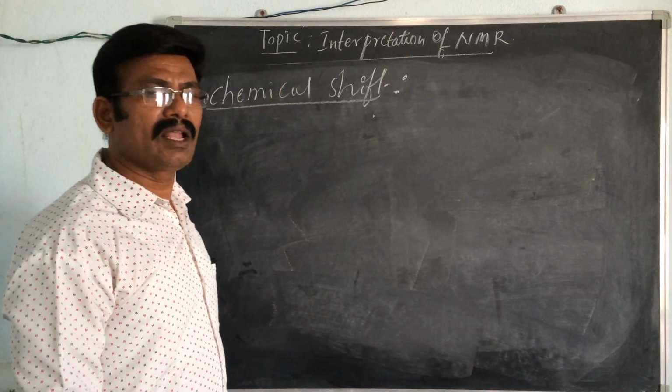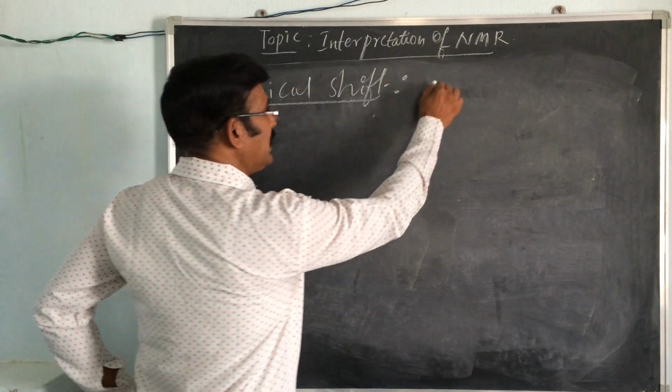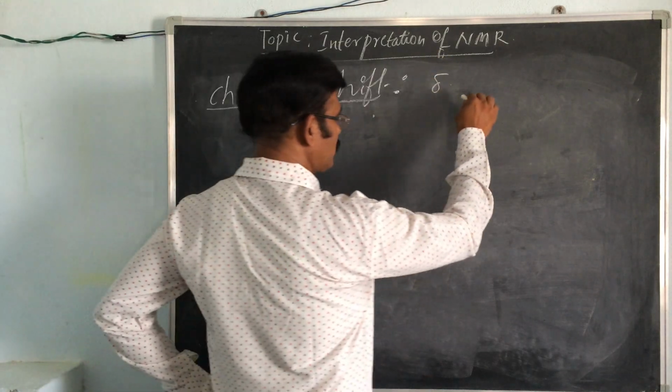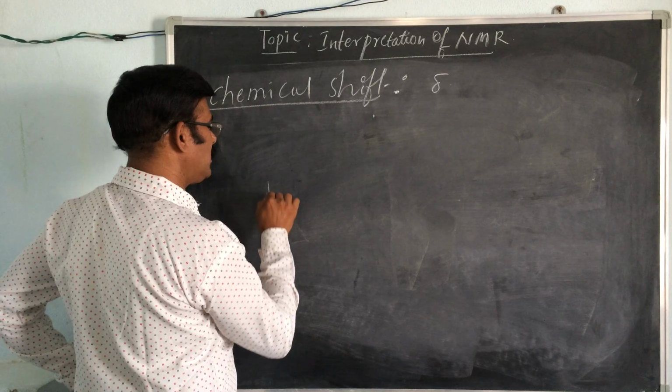Chemical shift means the delta value in a group, for example.